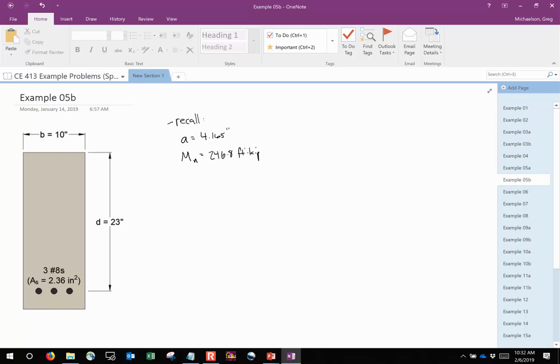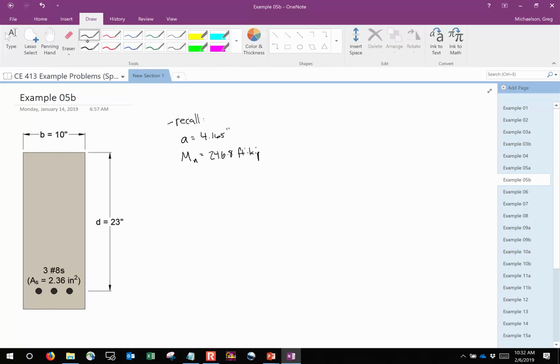All right. Now, first thing that we're going to do is we're going to utilize this relationship: A equals beta 1 C. And we're going to solve for C. So that's going to be 4.165 divided by what?